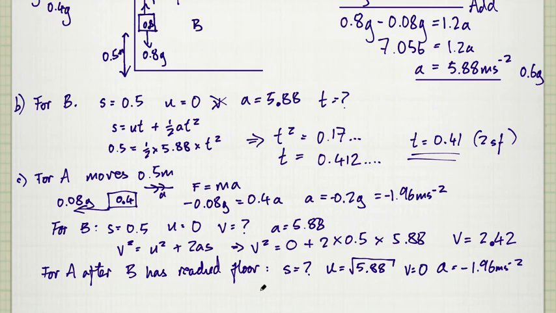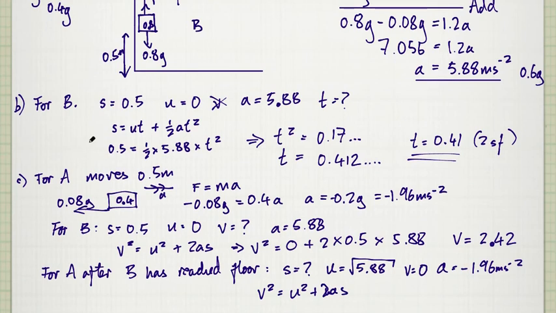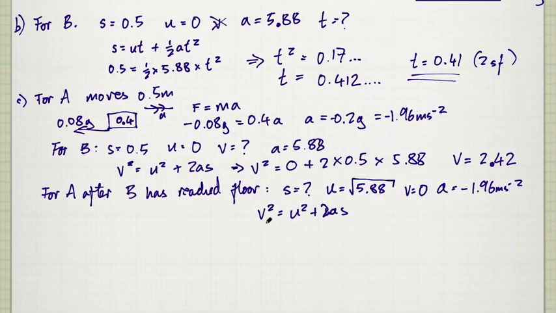So the one we can choose to use this time needs, again, V, U, and S. So let's use V squared equals U squared plus 2aS. We have our V equals 0, our U squared equals 5.88, plus 2 lots of minus 1.96 times S, and we're trying to get S on its own.